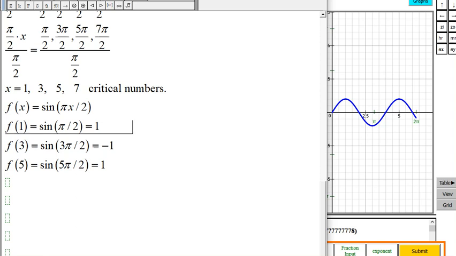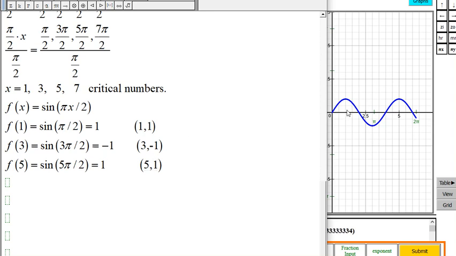So right here, when x is 1, y is 1. When x is 3, y is negative 1. When x is 5, y is 1. And that's what we're expecting.